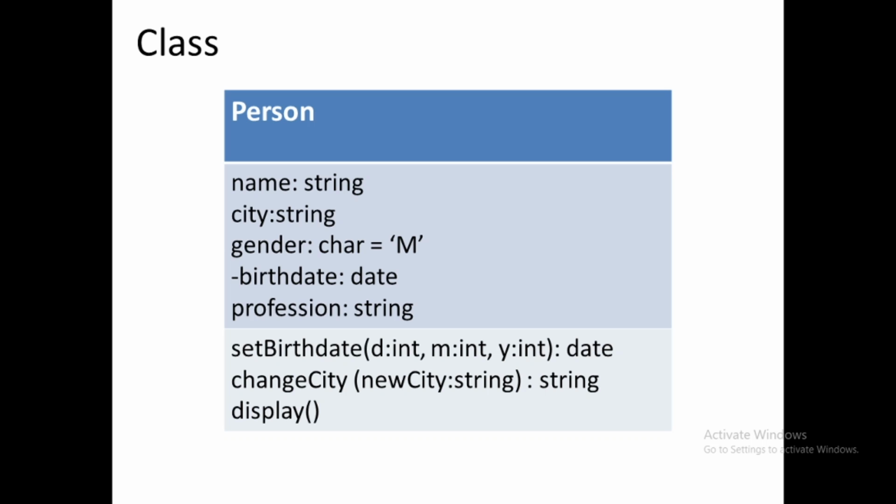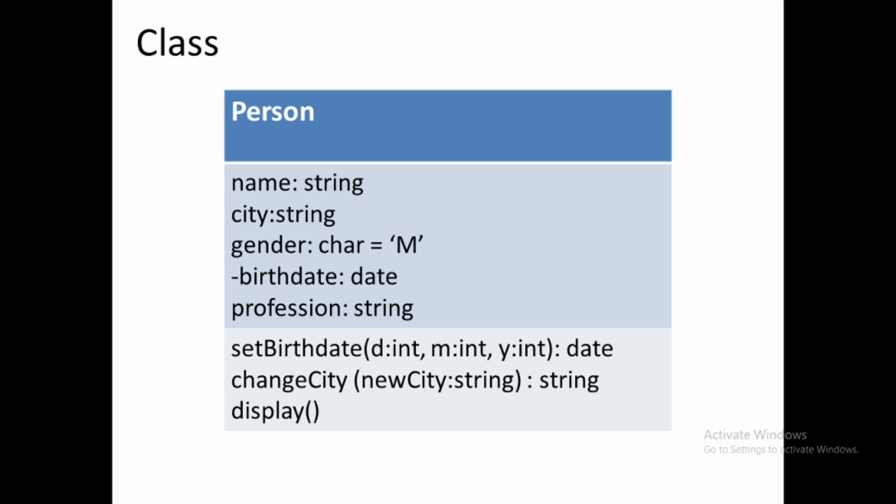Same way another method is also there. For example, change city. Then new city is the name of parameter, or you can say variable. Colon string, it means it will store a string. Colon string, at last also string is written. It means change city function returns string. Same way, set birth date function returns date value.